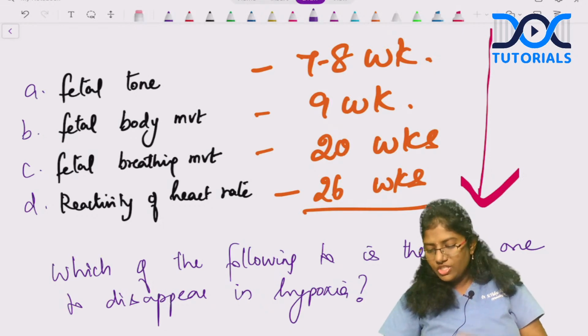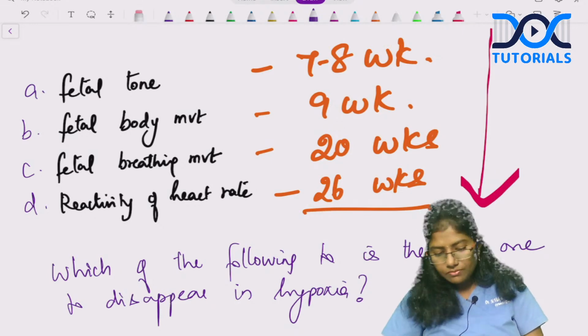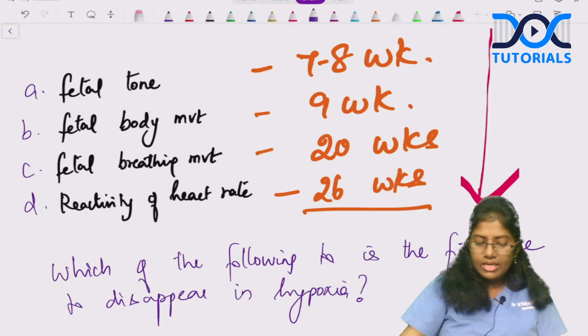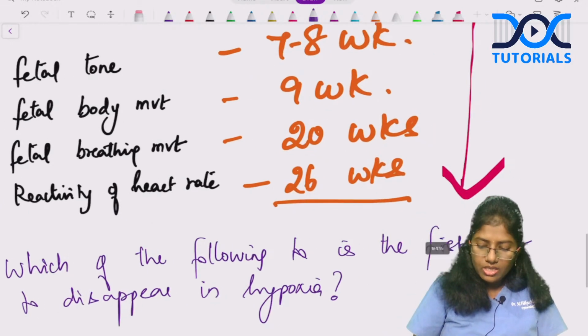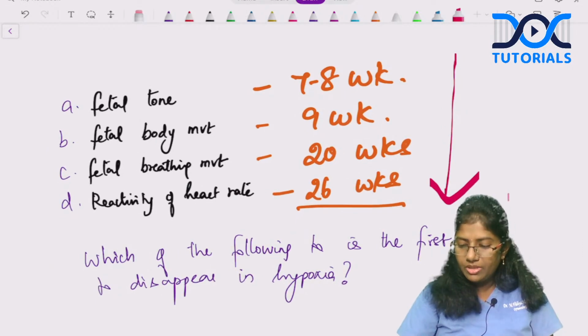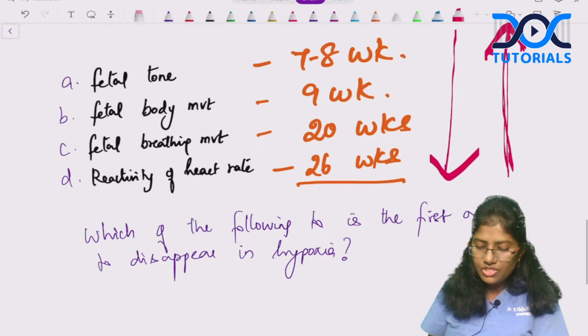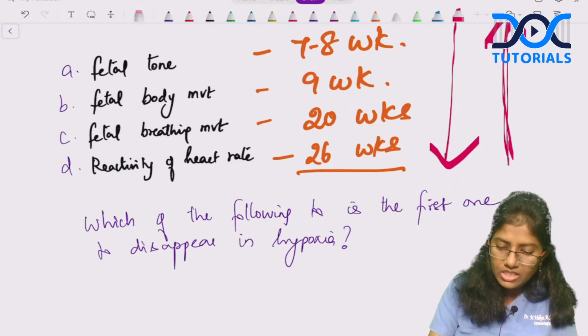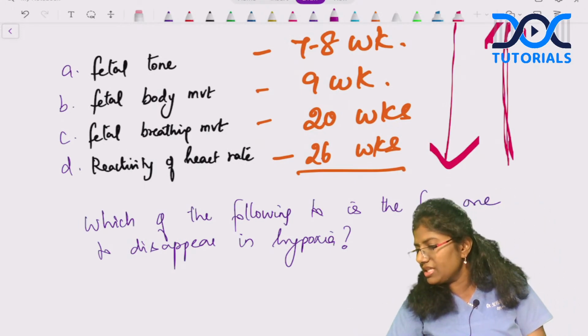Which of the following is the first one to disappear in hypoxia? BCDA is wrong. DCBA is correct. So please remember, it appears in this order and it disappears in the reverse order. Which is the first one to disappear in case of hypoxia?